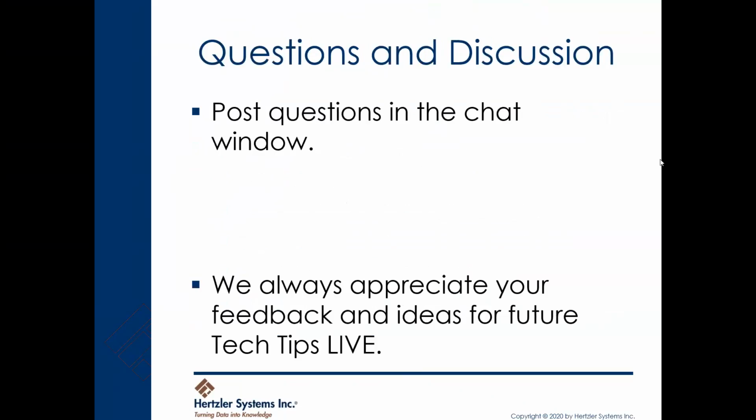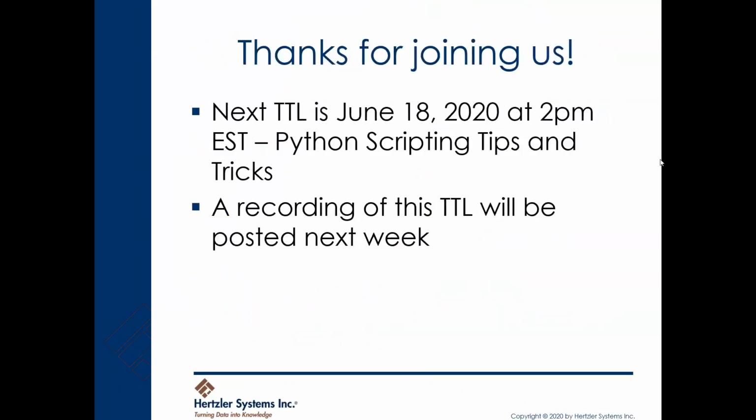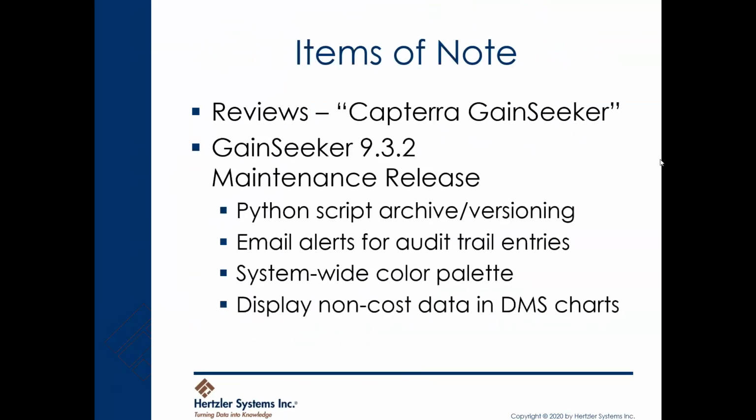So again, any questions? Talking about 9.3.2 while we're waiting. That Python script archiving and versioning has saved my butt more than once on a recent project. It's just a great feature to have where you can go back and, before you make some major changes, go ahead and save the current version, and then you can quickly see what changes you've made since then.